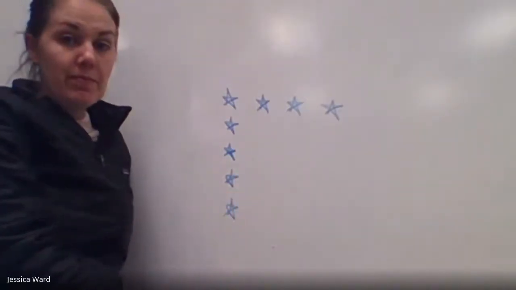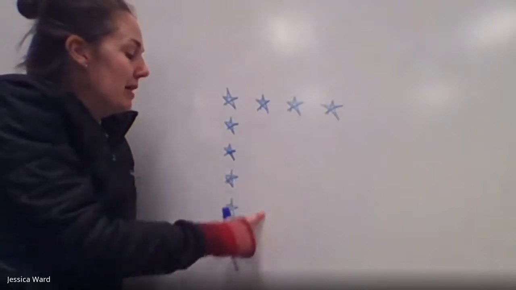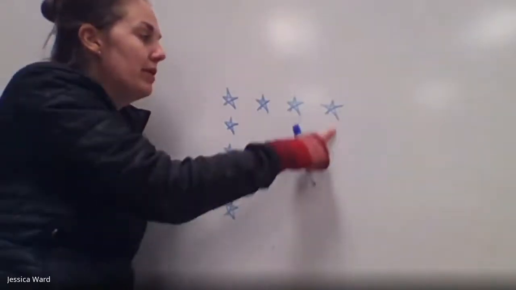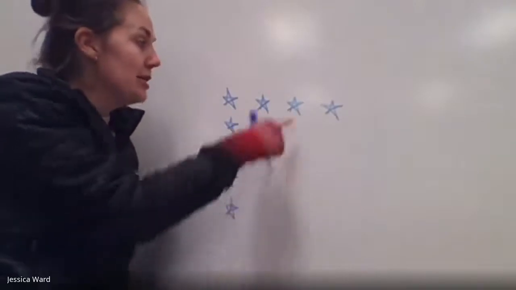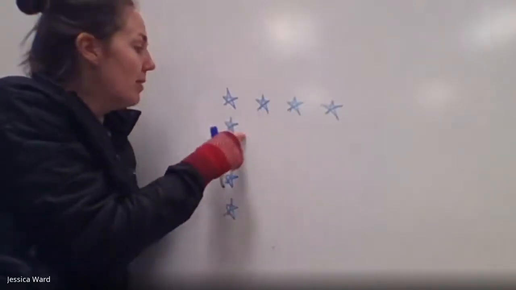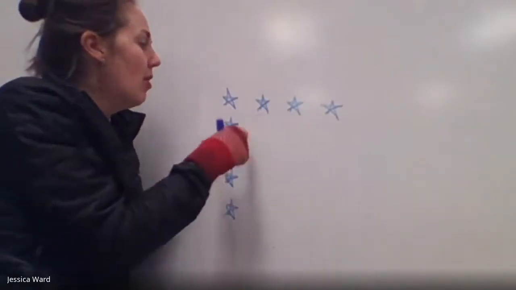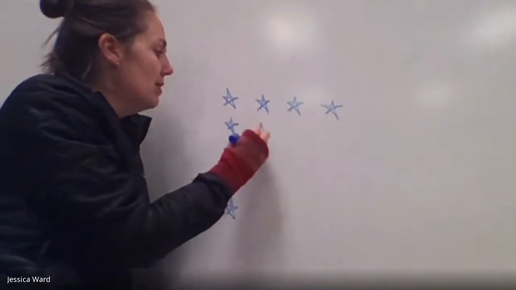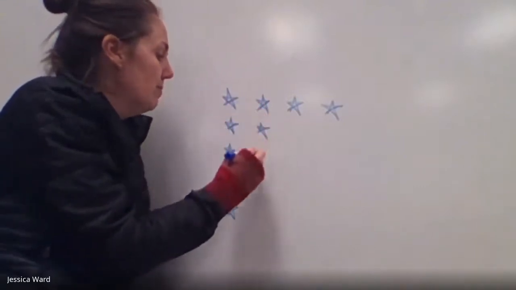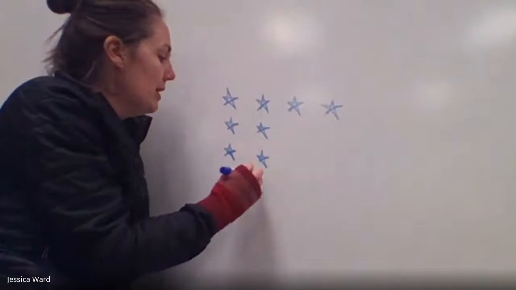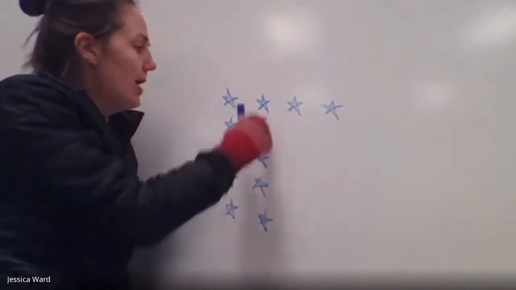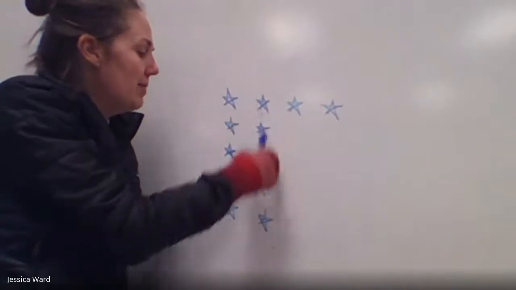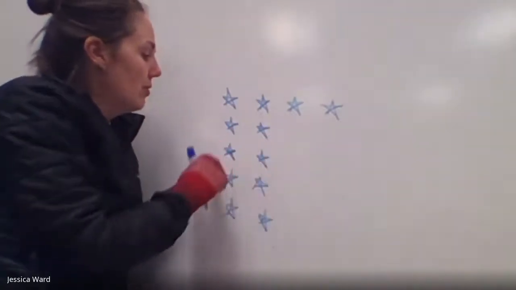And then I'm going to do the same thing in each column under each star. I'm going to have 5 stars in each column. But I'm going to kind of try to space them so that they all line up. So this one is about here. So 1, 2, 3, 4, 5. And see how I tried to keep it lined up under this star, but also going across like this?